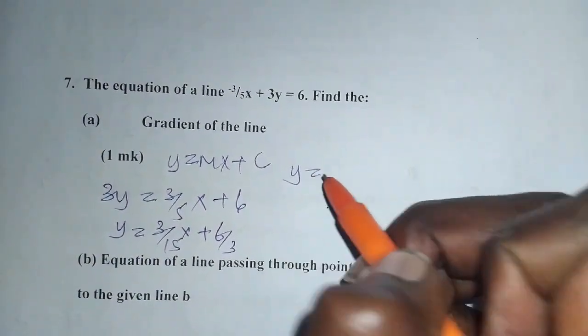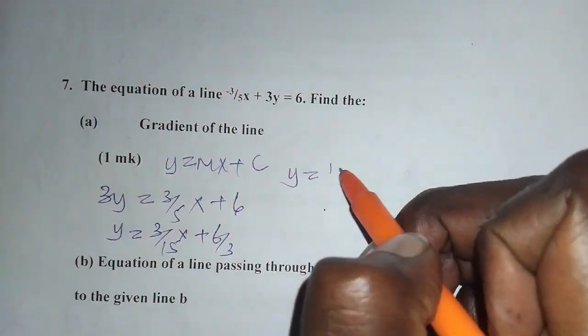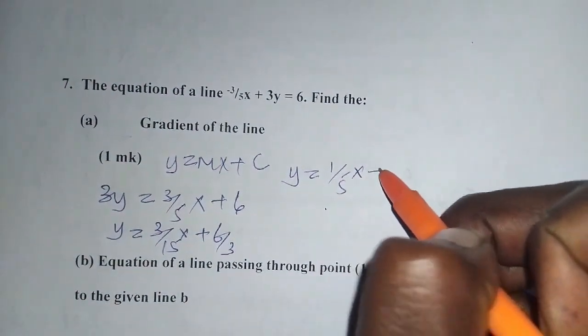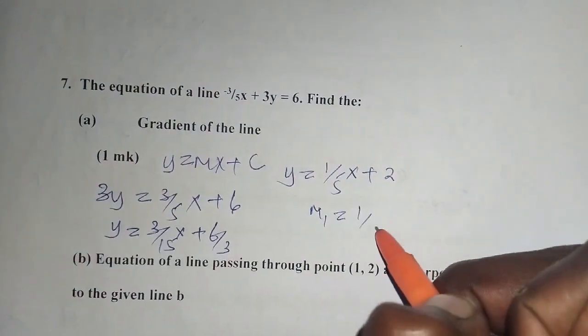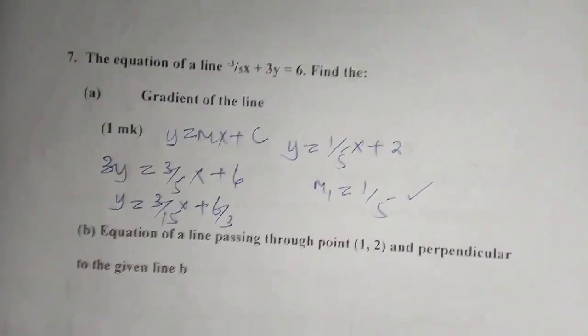This one will simplify to y equals 1 over 5 x plus 2. So it means your gradient is 1 over 5.